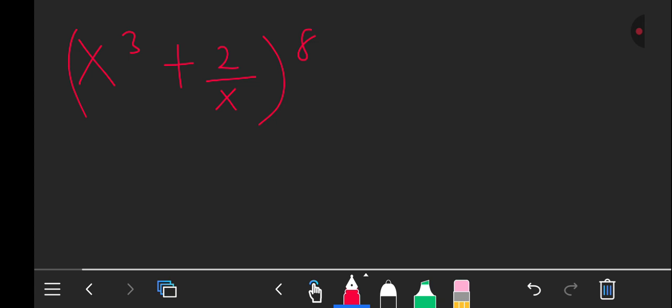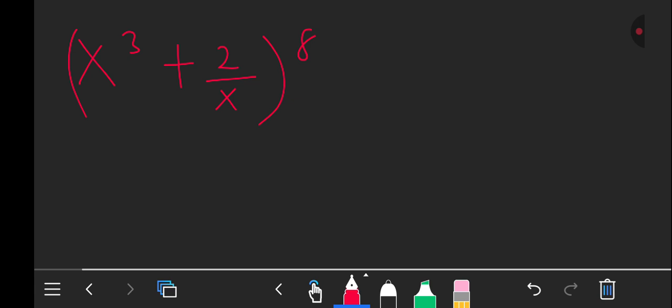The first thing you need to write here is the formula for the binomial, okay? But in this case, we consider the formula whereby you don't have the value of r, okay?